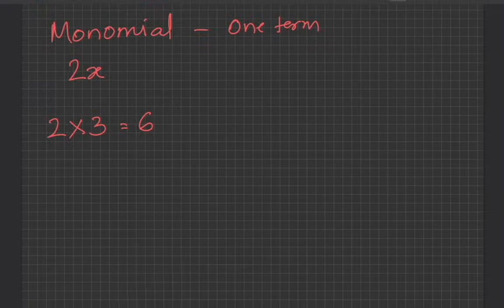Now if we just add a variable to it, let's say 2x times 3x.